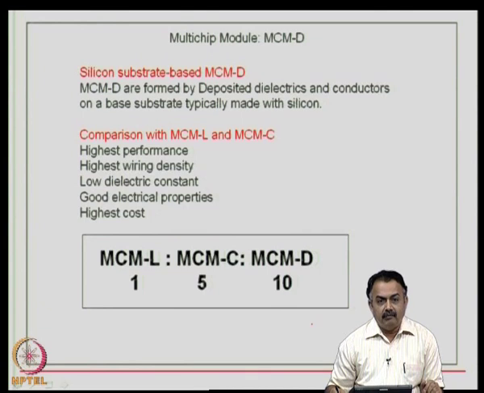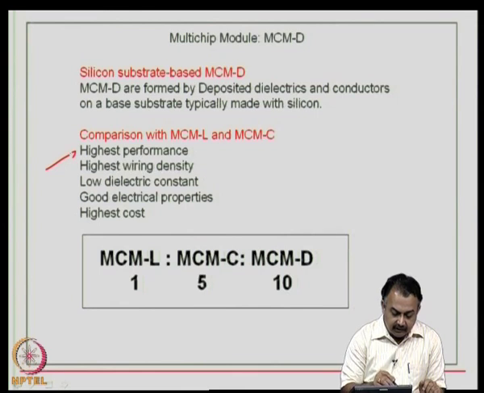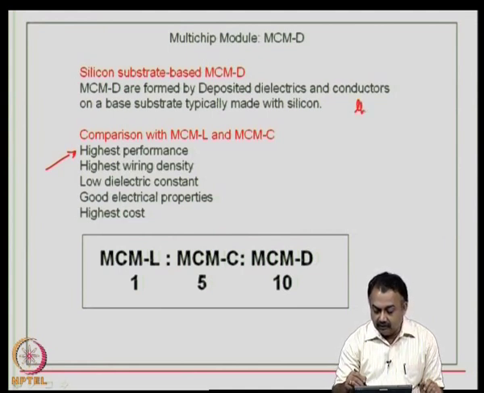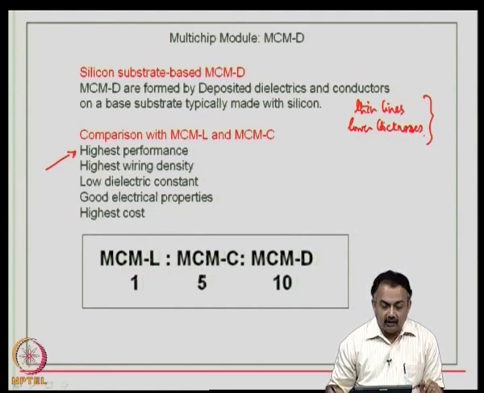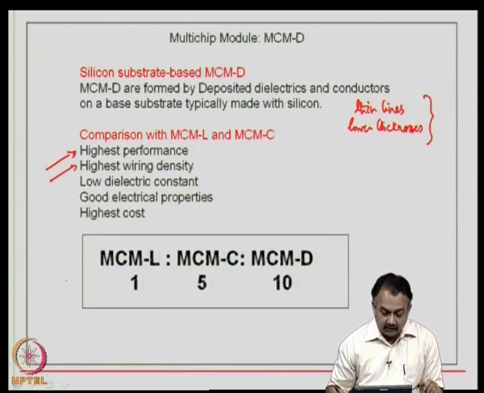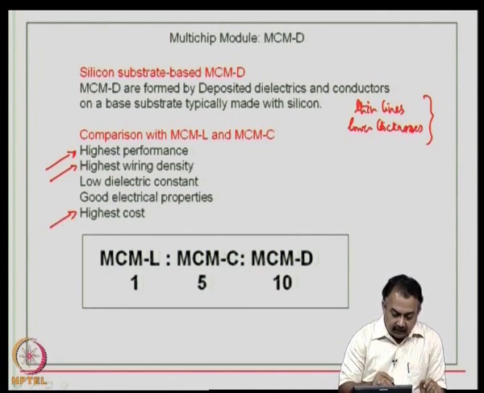Compared with MCML and MCMC, this has the highest performance because of superior material properties, both the dielectrics and the conductors, and also because you are able to work with thin lines and lower thicknesses, whether it is a dielectric material or the conductor. Therefore, you are able to get better electrical performance. Highest wiring density, again because of these feature sizes being better. Low dielectric constant, good electrical properties, but highest cost.